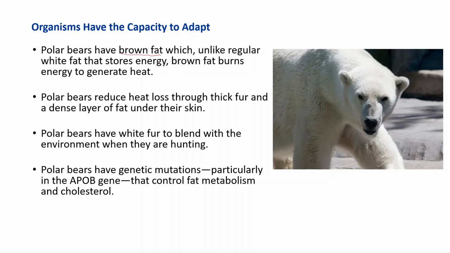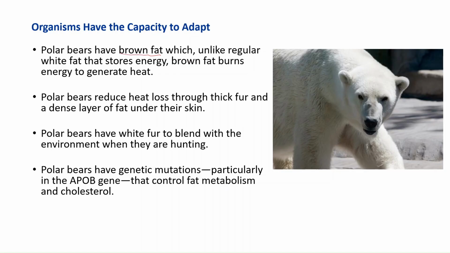Of course, the polar bear also has thick fur and a layer of fat to insulate him. The fur is white, so it blends with the environment, because what does the polar bear eat? Seals. They have to get close enough to a seal, or else the seal jumps back into the ocean. So the white bear is harder to see, and polar bears have actually been seen rubbing snow over their black noses to help disguise themselves.